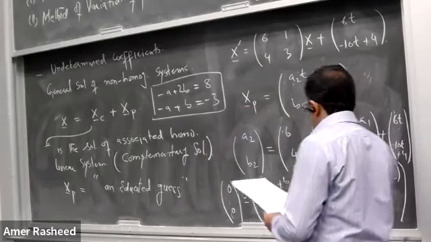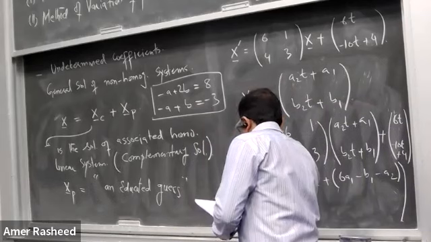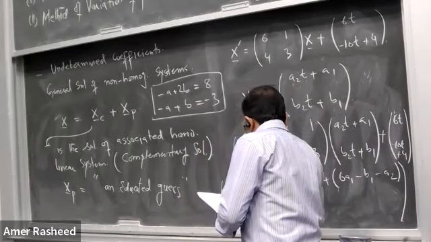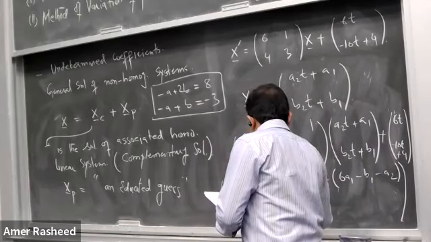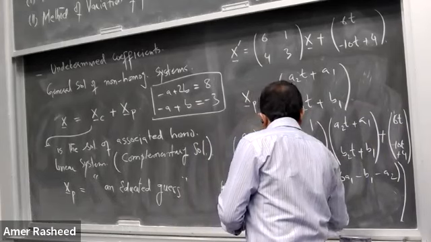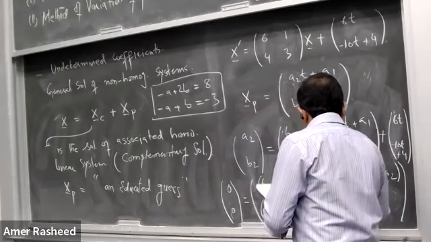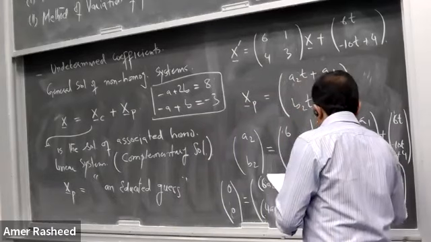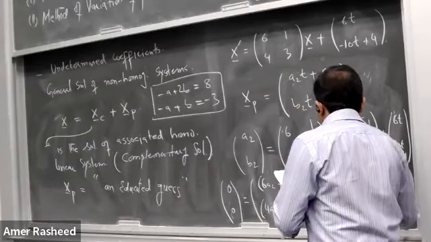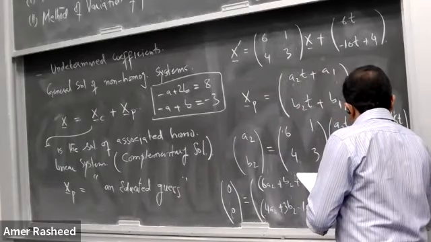This is a constant term. And in here, 4a2 plus 3b2 minus 10 times t plus 4a1 plus 3b1 minus b2 plus 4.